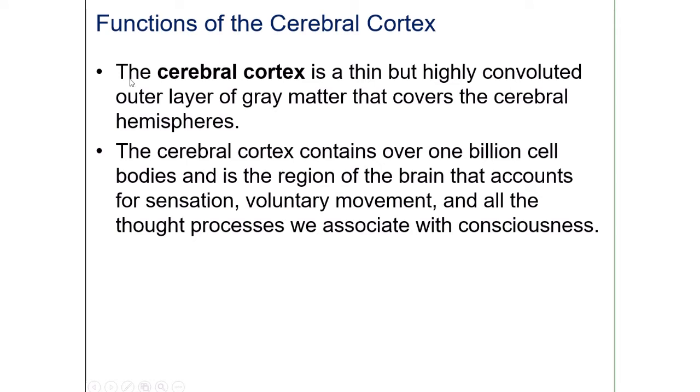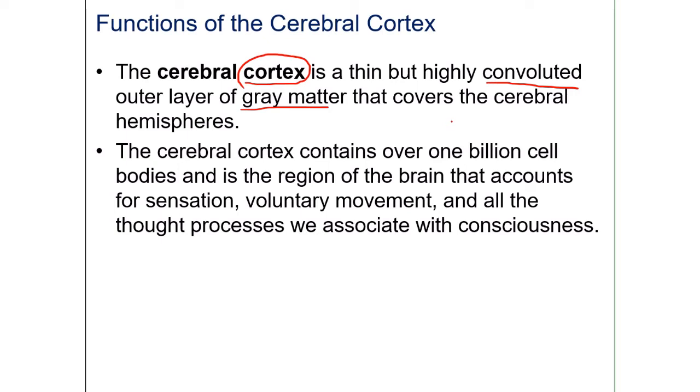So the cerebral cortex. In a lot of organs, it's separated into the outer layer and the inner layer, and the outer layer is typically called the cortex. So the cerebral cortex is basically the outside of your cerebrum, and as we learned earlier, for the brain, the outside is gray matter and the inside is white matter. The cerebral cortex is a thin but highly folded, convoluted layer of gray matter, and it's going to cover the entire cerebral hemisphere.